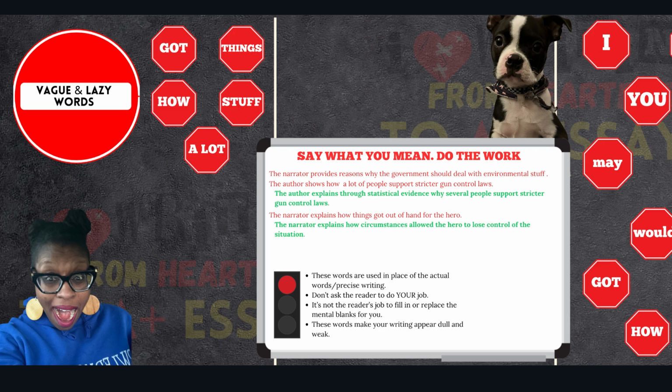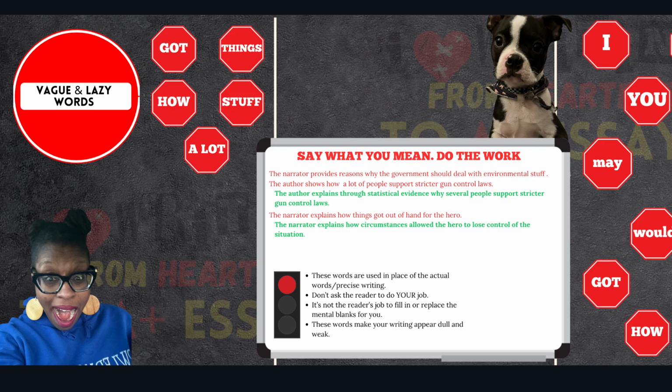I could include really, but these are the 5 that I typically see in young writers. These words are used in place of the actual word or precise writing. They're used when you just don't want to do the work in finding the precise words you want to use. So don't ask the reader to do your job. It's not the reader's job to fill in the mental blanks for you.